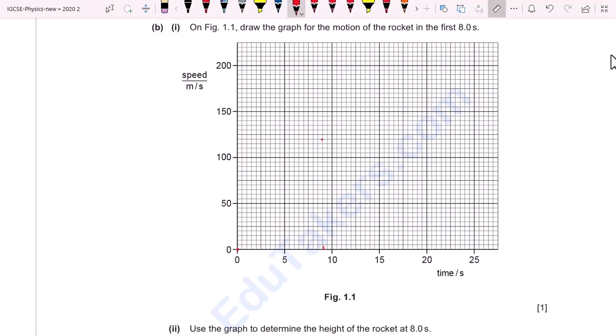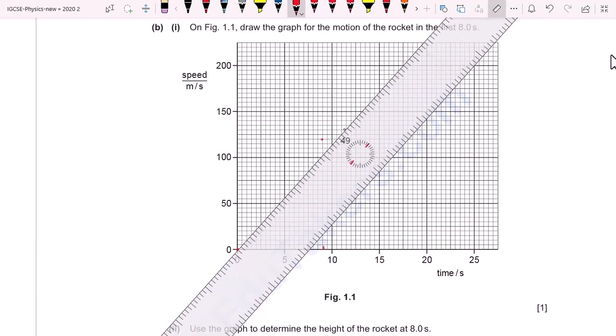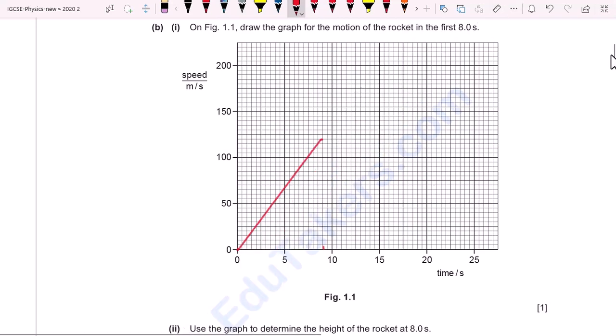I use a ruler and draw a line, starting from this point to this point. So, this line represents the motion of the rocket in the first 8 seconds.